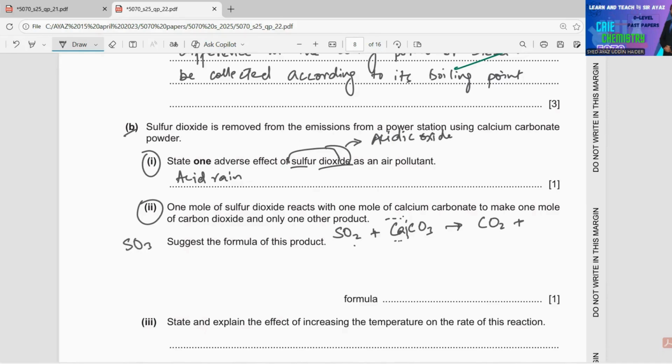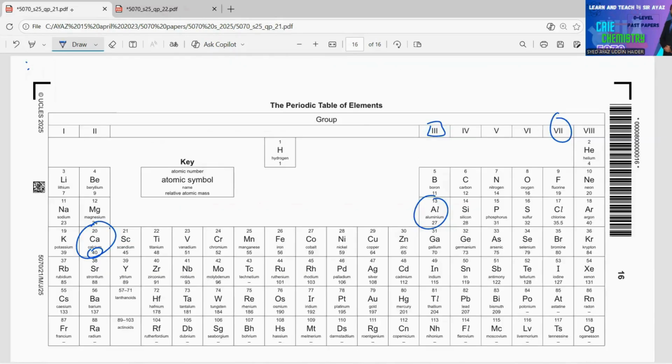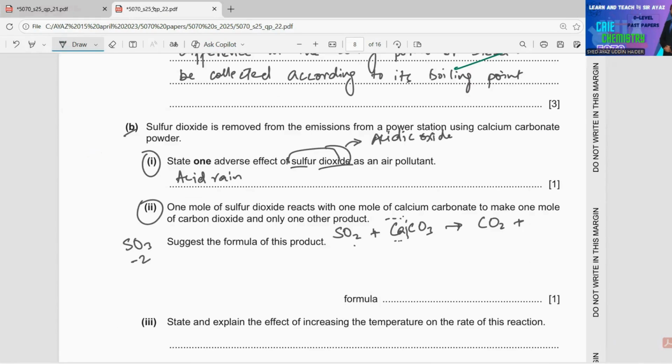SO3 is the sulfite ion, and the sulfite ion carries a -2 charge. You know, calcium, where is calcium? It's in group 2, which means valence is +2. So I will write calcium here, +2. Note the charges. These subscripts are the same, so they will be simplified 1:1. So what you will get? CaSO3. So CaSO3 must be the formula of the other product obtained here.